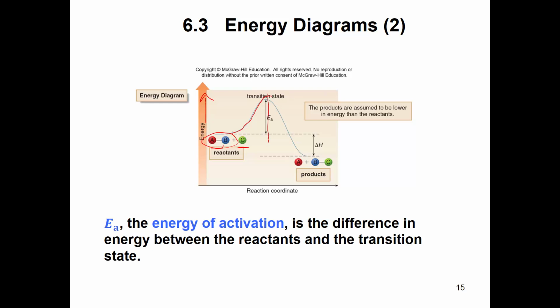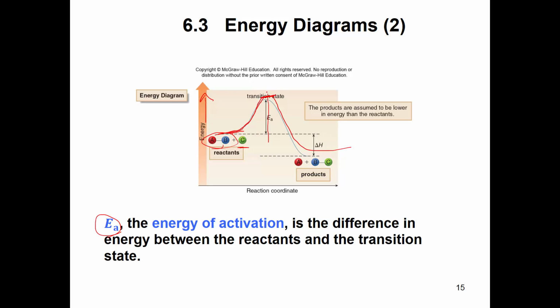This is something called E sub A, the activation energy, or energy of activation. It's the difference between the energy level of the reactants and the energy of what we call the transition state.